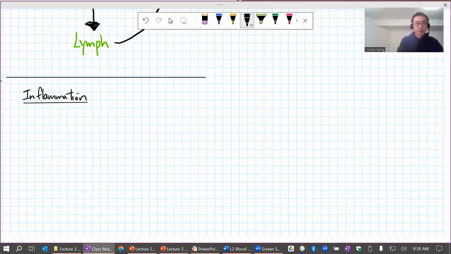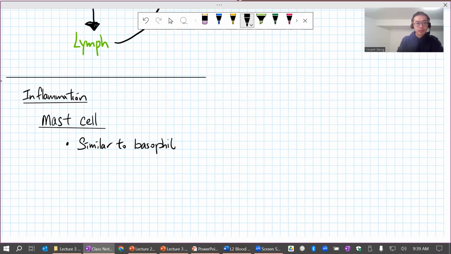So the cause of inflammation is created by this cell called the mast cell. Okay, mast cell. We have not looked at that before, but it's very similar to basophil.